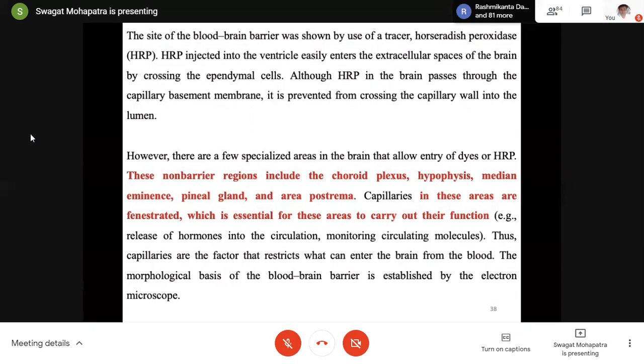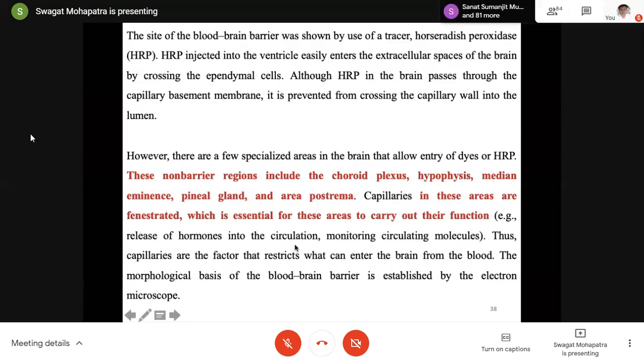So the vomiting center should not be provided with capillaries containing blood-brain barrier. These are the non-barrier regions, which include the choroid plexus, the hypophysis, the median eminence, the pineal gland, and the area postrema. Capillaries in these areas are fenestrated, which is essential for these areas to carry out their functions, for example, release of hormones into circulation.